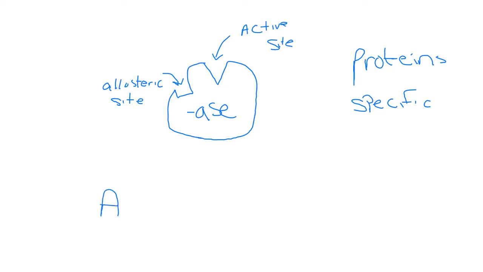So when I say that an enzyme is specific for one single reaction, let's pretend we have this metabolic pathway right here, okay? And so reaction 1, right? I'm just going to abbreviate that RXN.